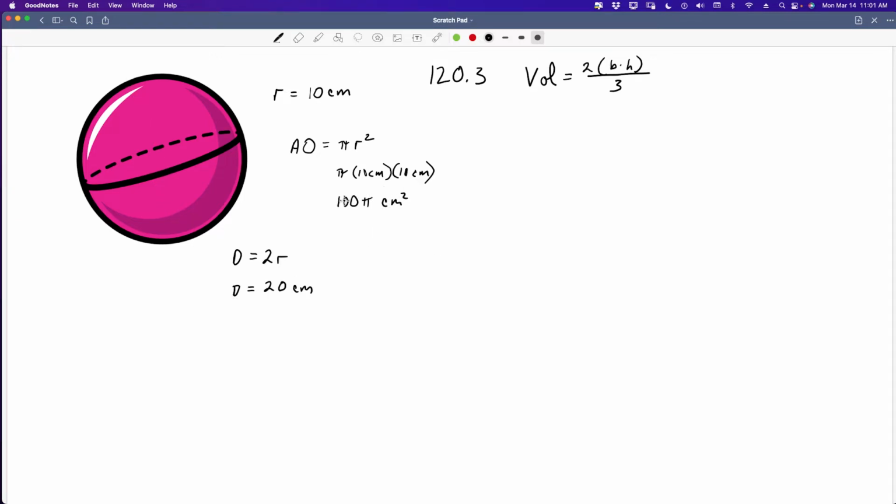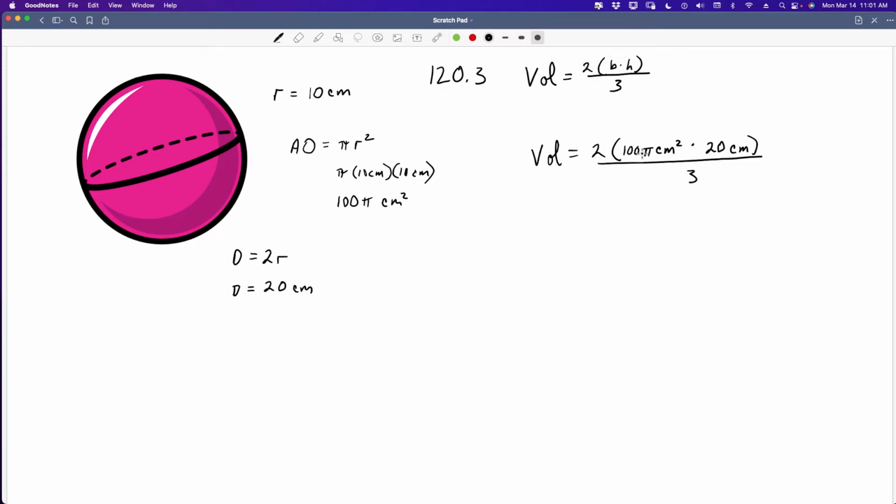So we're going to take 2 times the area, 100 pi centimeters squared, times the diameter, which is the height, 20 centimeters. And then we'll divide that whole thing by 3.